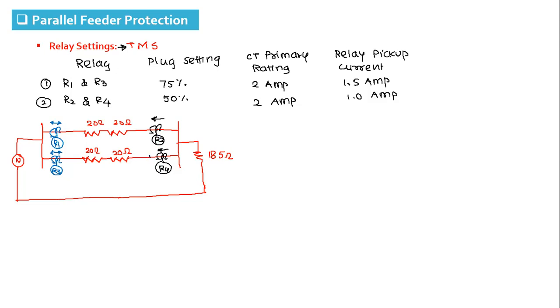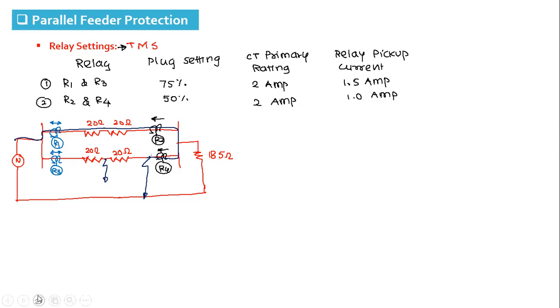Let's say a fault occurs at this point. The current through this line goes from R4, and this will be the maximum current that will pass through R4, because for any other fault location the current through R4 will be lower, as the 20 ohm will be part of the loop.